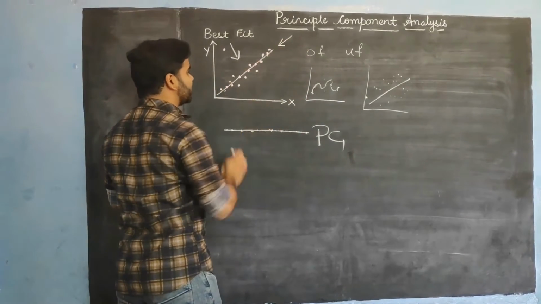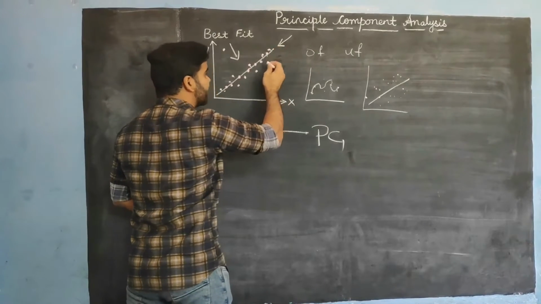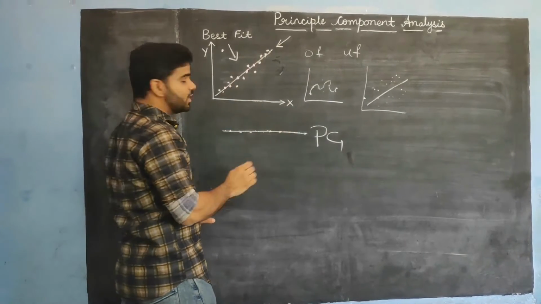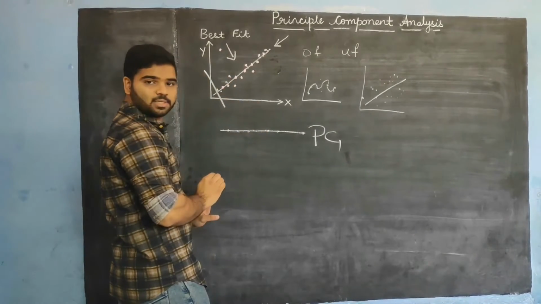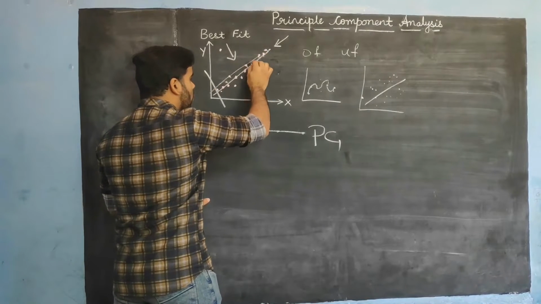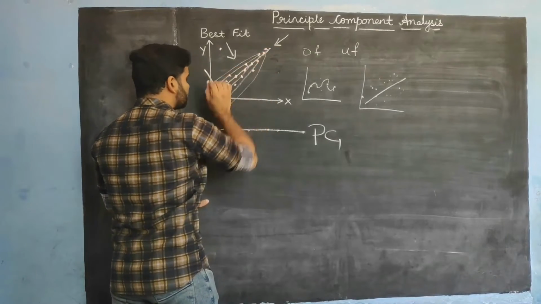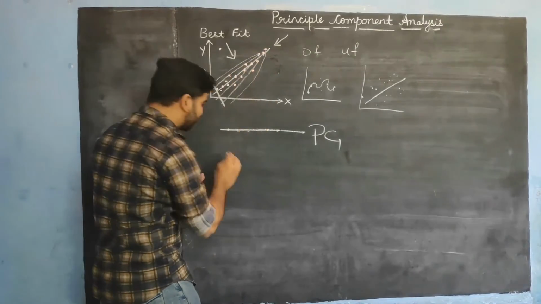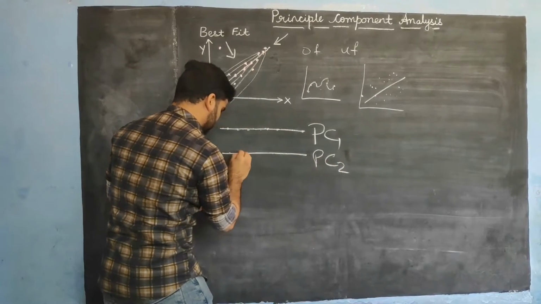Here you might get a doubt that only a single point of this line will be visible, but no, let us draw an imaginary line like this. Now these data points seem to be overlapping like this on this line. So this line will be principal component 2, that is PC2.